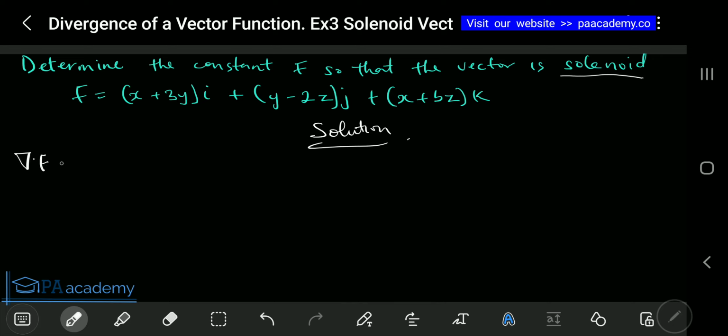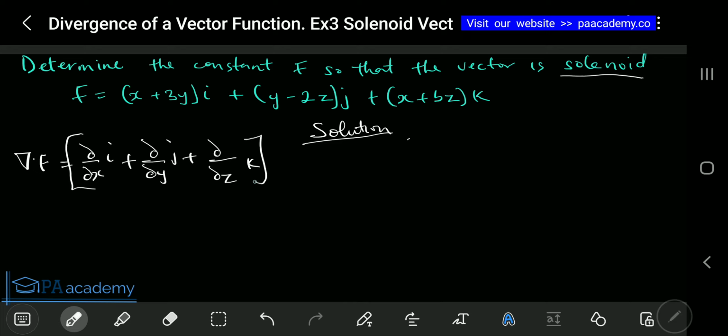So the divergence of F will be equal to the partial derivative with respect to x, i, plus the partial derivative with respect to y, j, plus that of z, k.